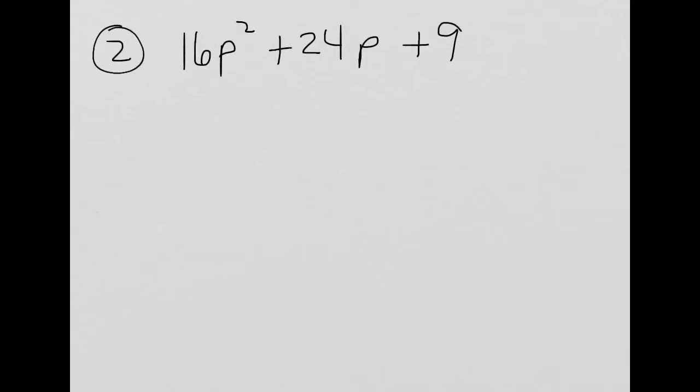So now we're going to check to see if this is a perfect square trinomial. We're going to look at the first term and the last term, and see if those two terms are perfect squares. So 16 is a perfect square, and p squared is a perfect square, so that works. And 9 is a perfect square, so we're going to take the square root of 16, which is 4, p squared, which is p, and the square root of 9, which is 3.